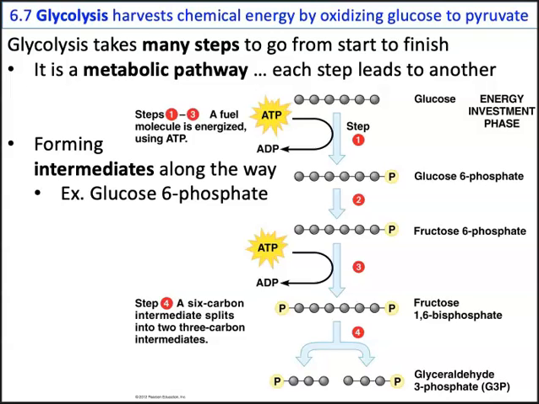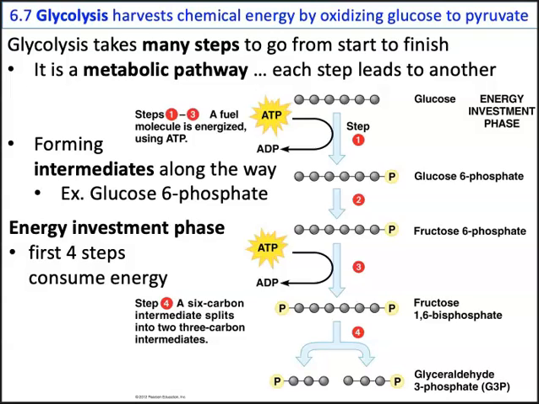Intermediates meaning molecules that are usually pretty short-lived because they're produced by one enzyme and then grabbed up by the next enzyme in the chain. And they're not usually our ending product. They're intermediates along the way. And so an example of this is glucose 6-phosphate right here, which is the result of the very first step in glycolysis.